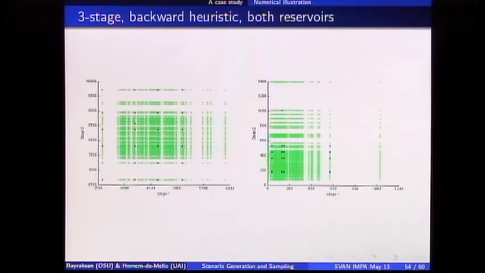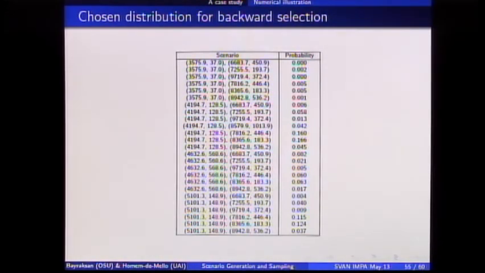That's how you select 25 scenarios out of this 75 by 75 using the backward heuristic. It turns out to be a pretty good selection for both reservoir 1 and reservoir 2.